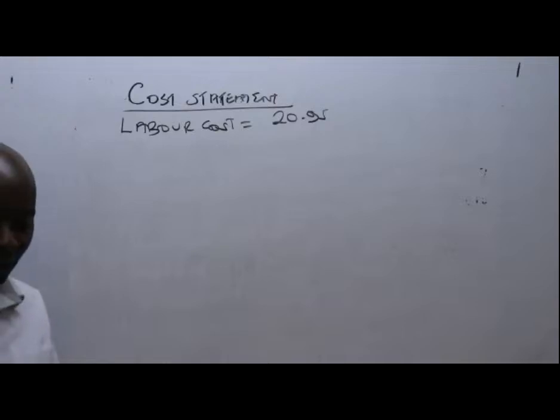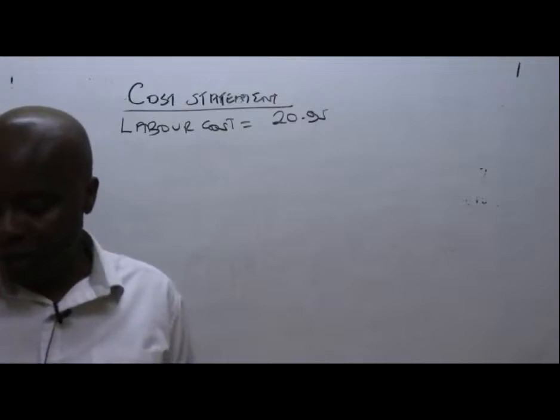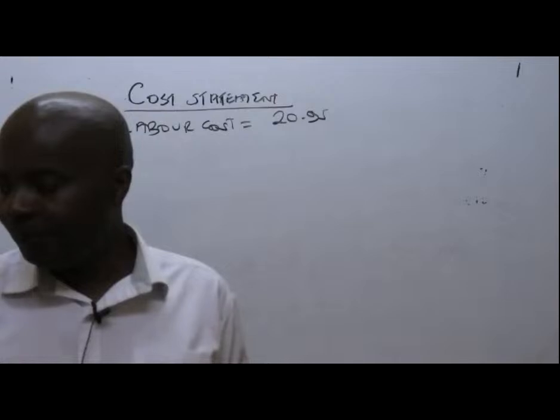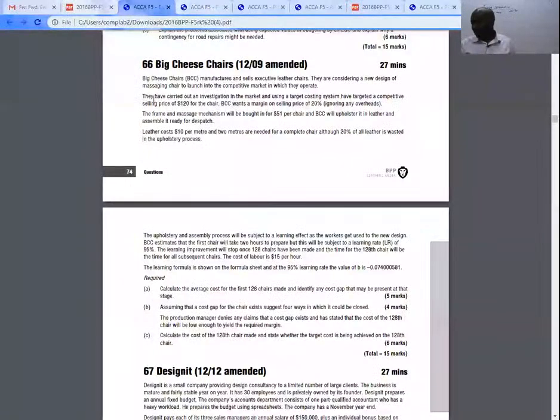How about materials? What have they told us? For materials, they've carried out an investigation in the market and, using a target costing system, have targeted a competitive selling price. There is a frame and massage mechanism that will be bought in for 51.